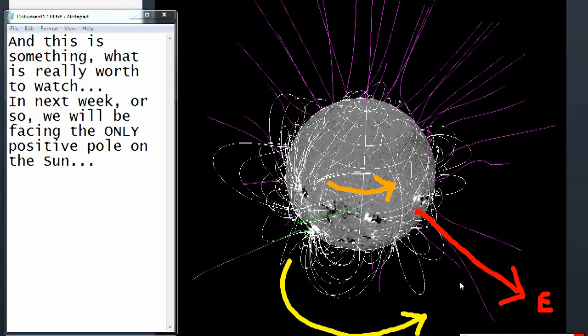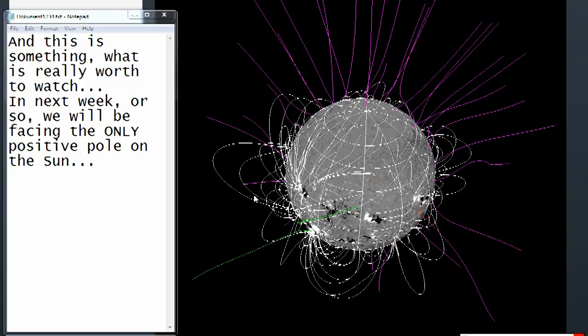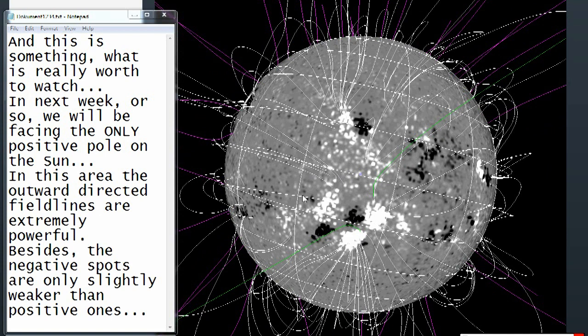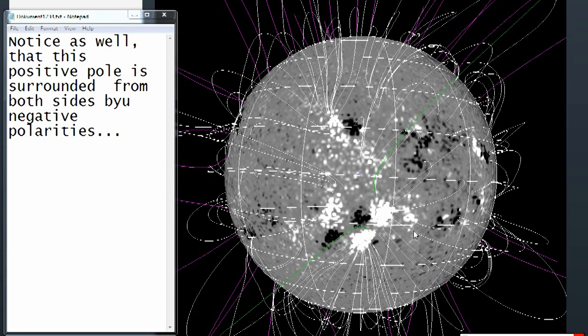In the next week or so, we will be facing the only positive pole on the sun. In this area, the outward directed field lines are extremely powerful. Besides, the negative spots are only slightly weaker than the positive ones. Notice as well that this positive pole is surrounded from both sides by negative polarities.